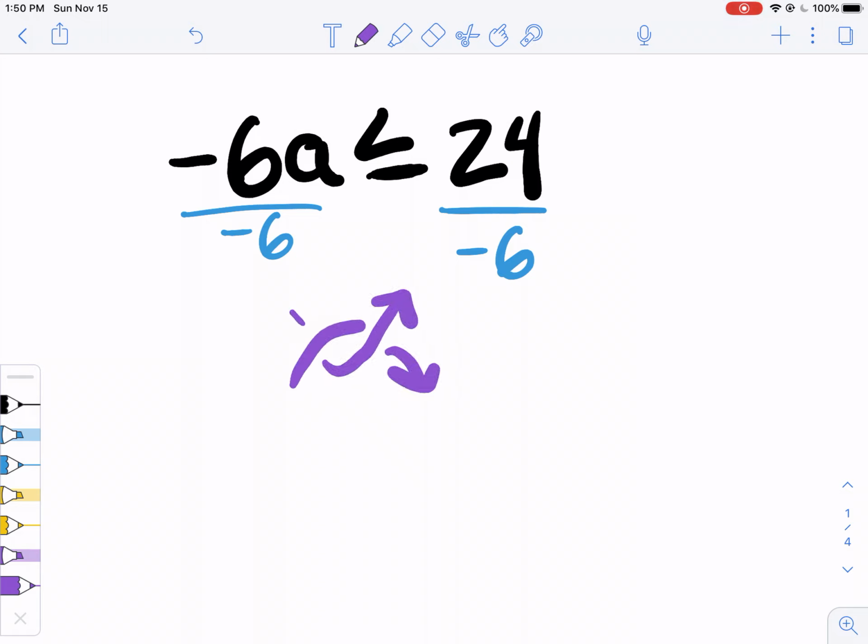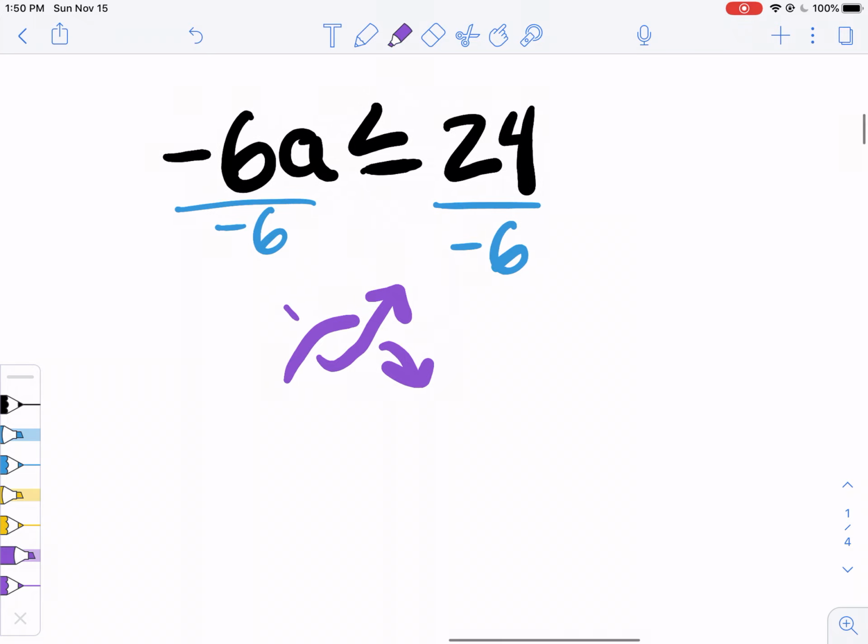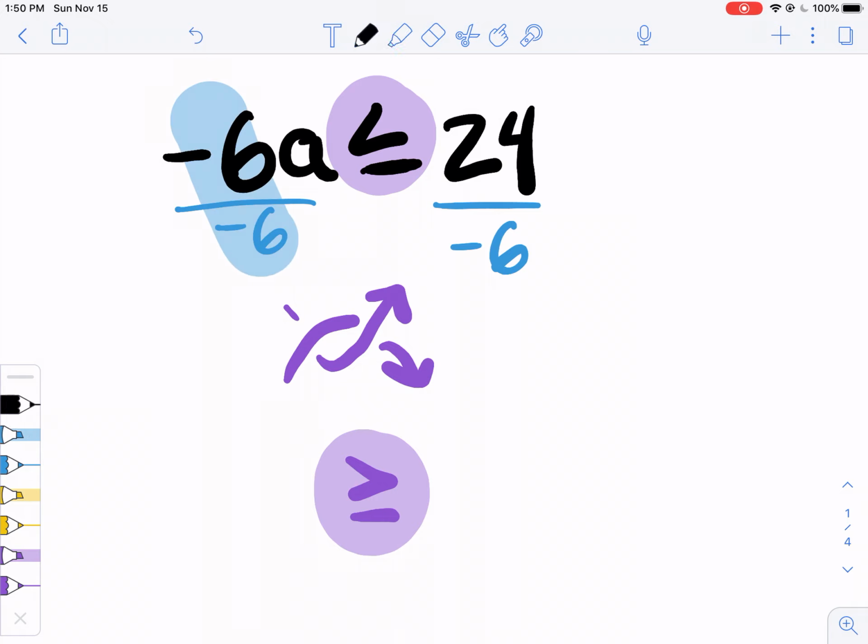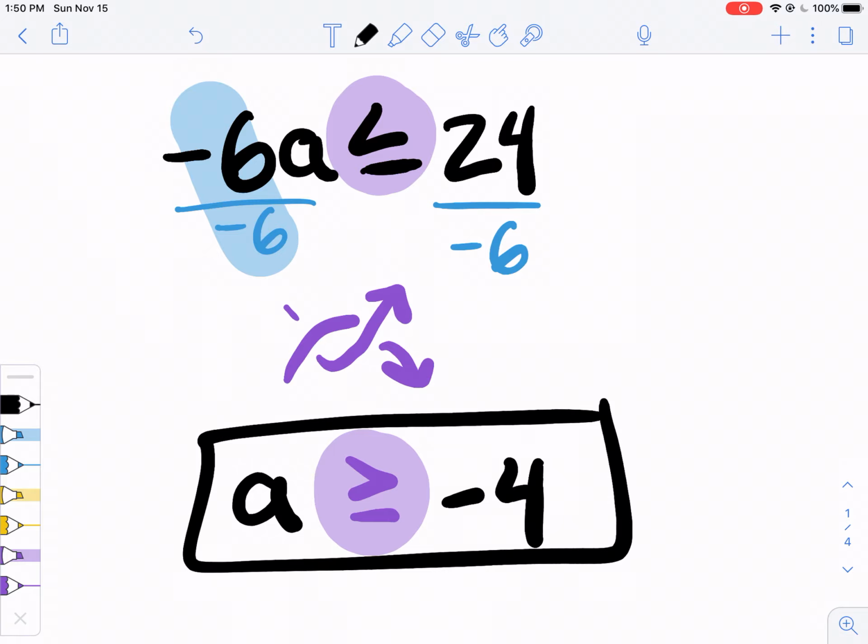So we need to flip our less than or equal to around. This guy's going to flip around to a greater than or equal to. Our negative 6's cancel out on the left, giving us a is greater than or equal to negative 4.